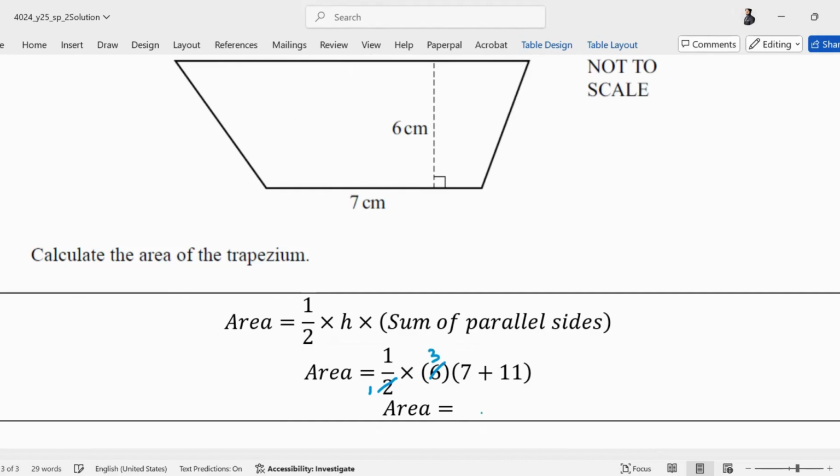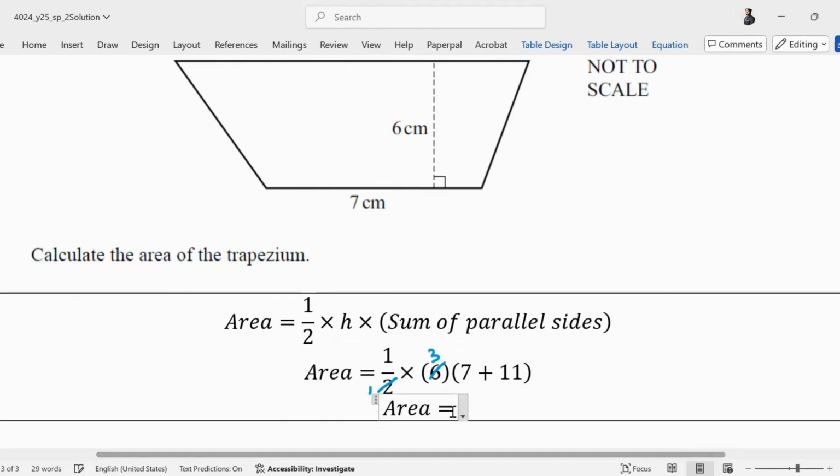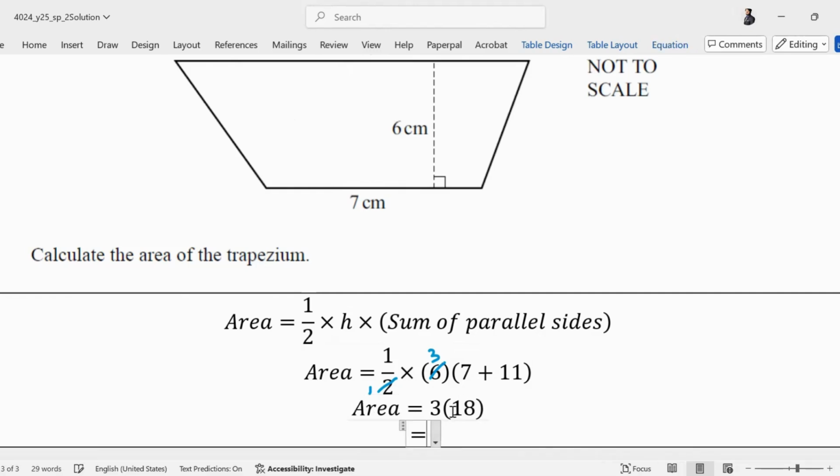This will be 3, and I'll get 3 into 7 plus 11 is 18. So the area will be 54. 18 threes are 54 centimeters square. This is what you should end up with.